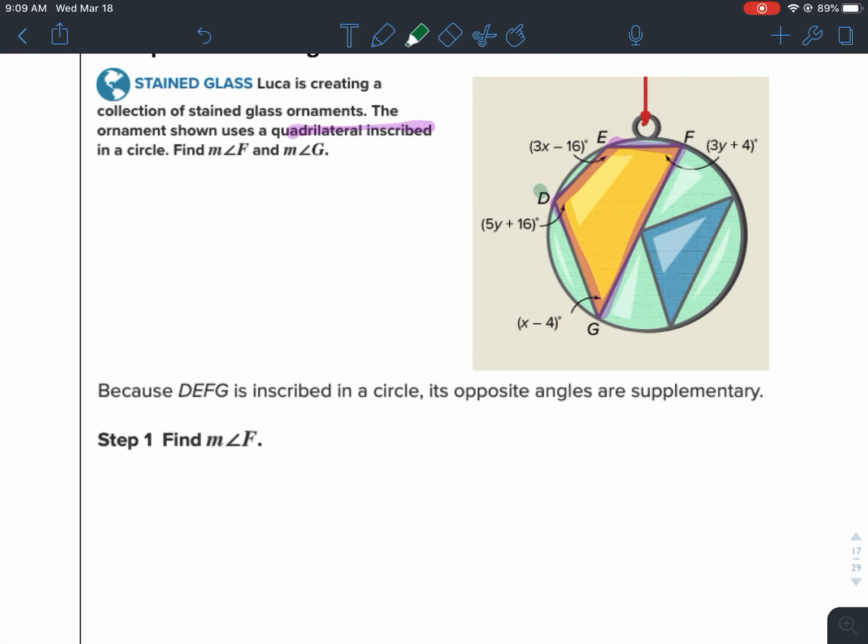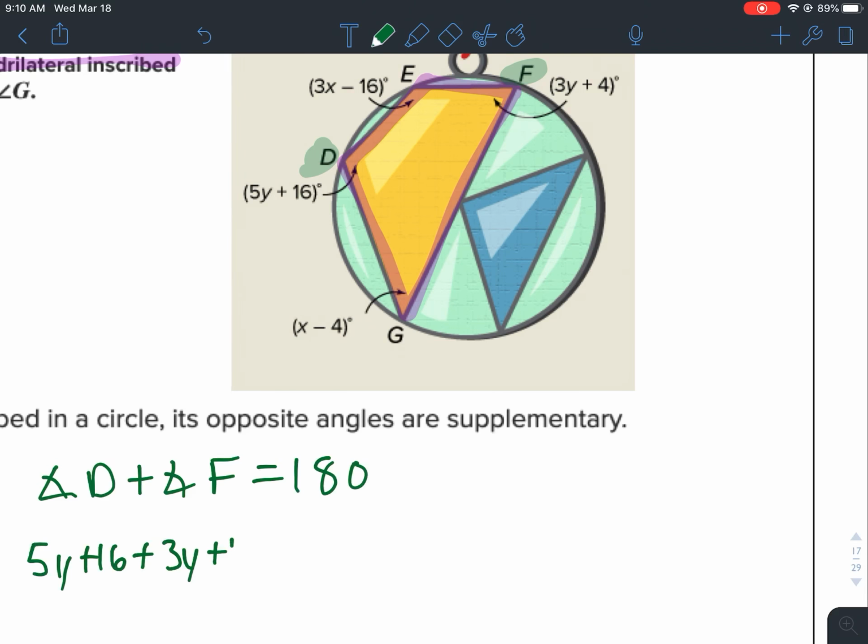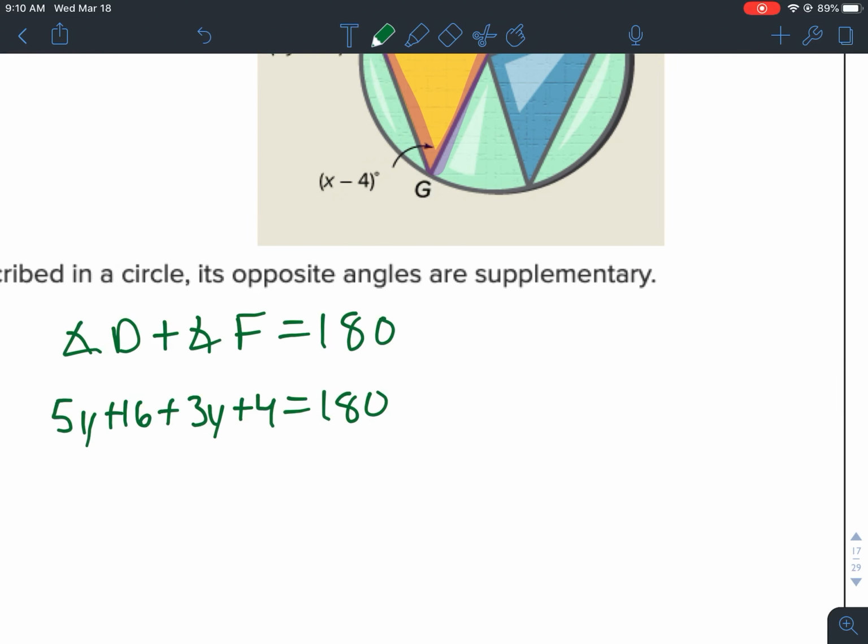So let's just start off by doing F. We got to take a look at angle F and D. We can write a statement that both of them are supplementary. They add up to 180. So then we can now write our equation, which is going to look like 5y plus 16 plus 3y plus 4 equals 180. Combine like terms and get y by itself. Again, use your algebra skills to get y.